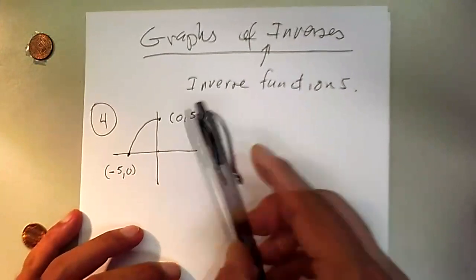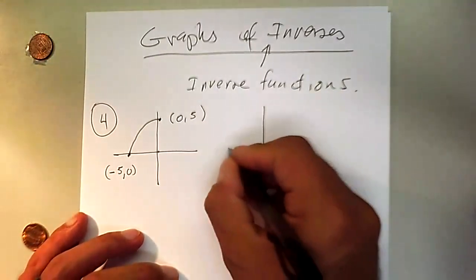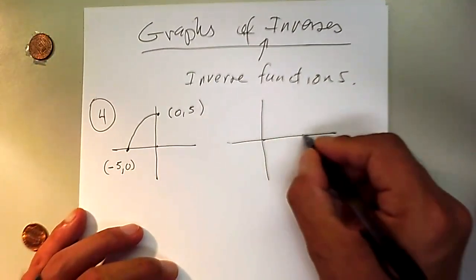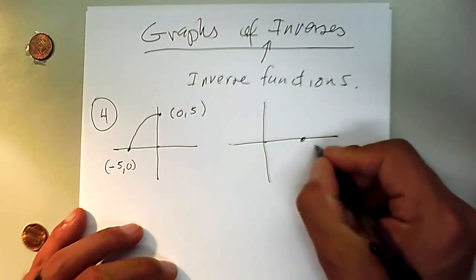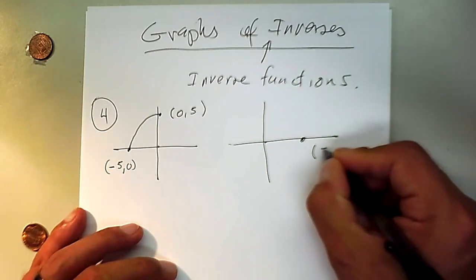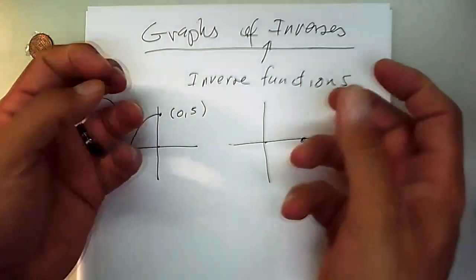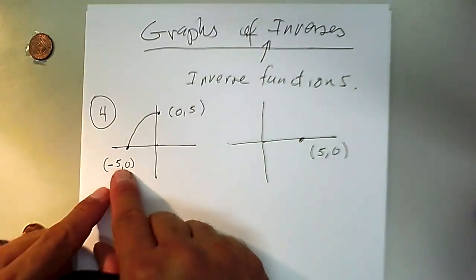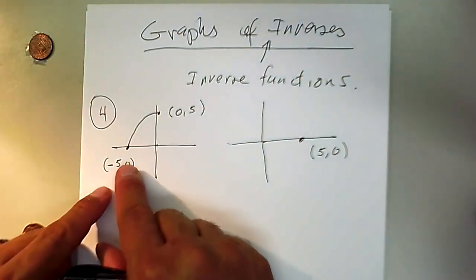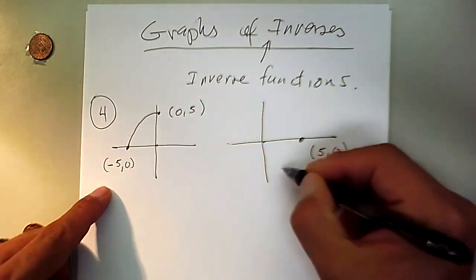Instead of 0, 5, we're going to have 5, 0. So 0, 5 leads to 5, 0. We have to actually switch the x and the y. -5, 0 goes to 0, -5.